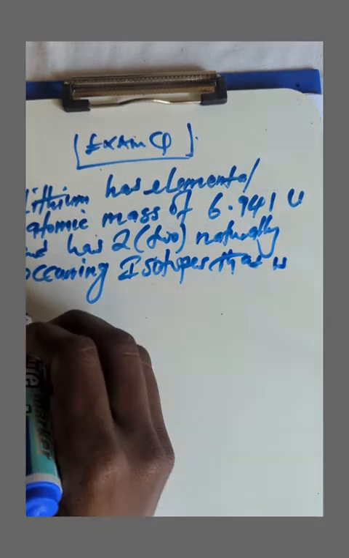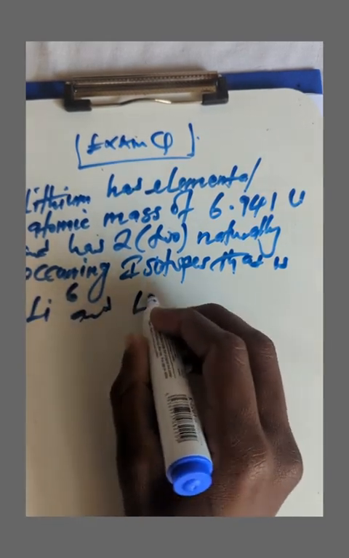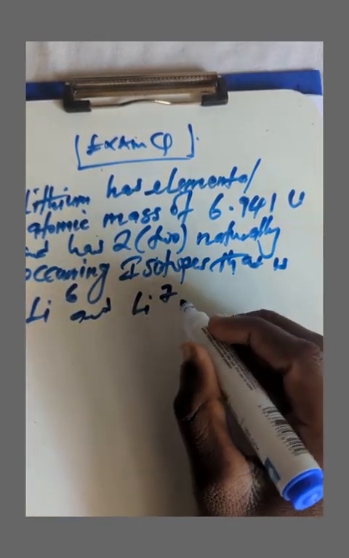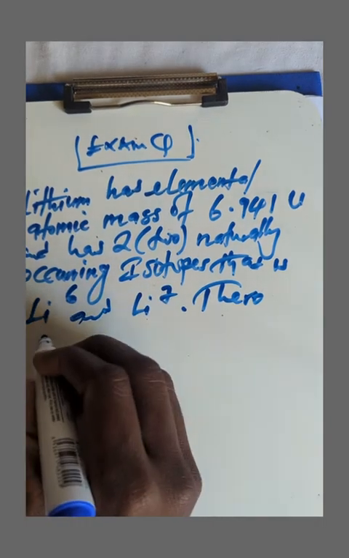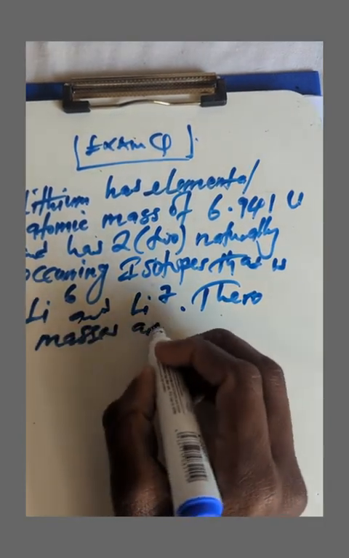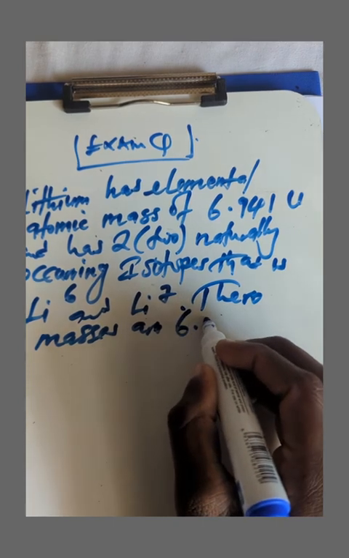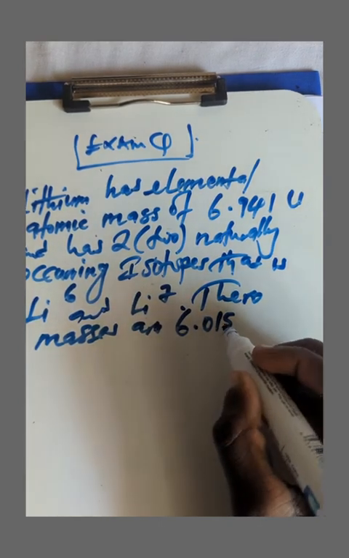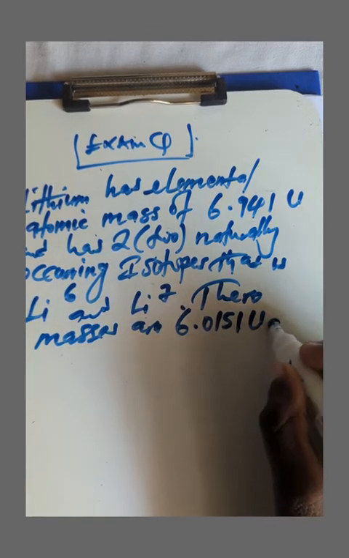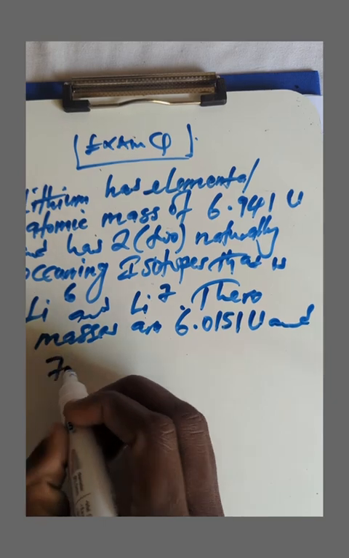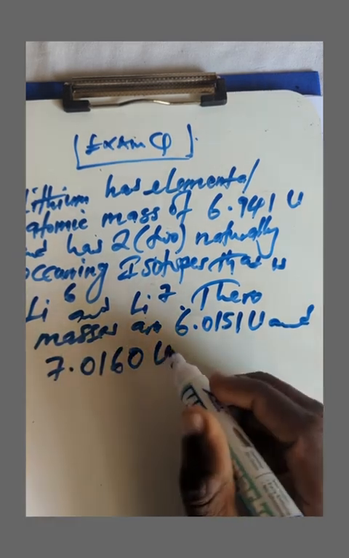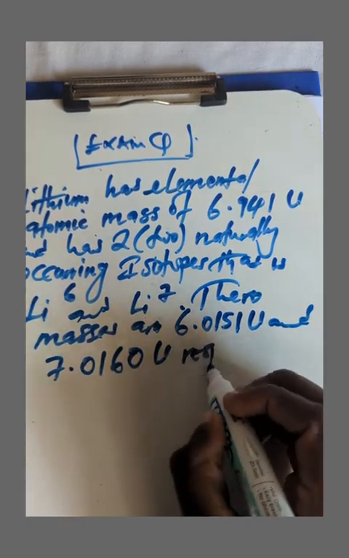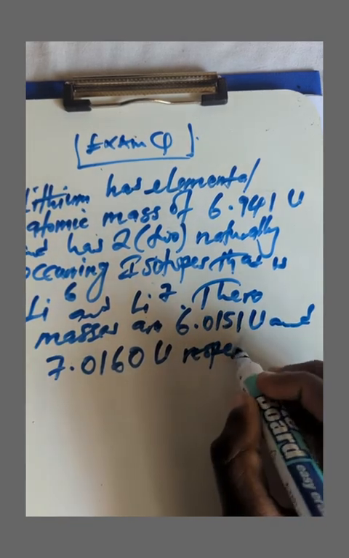That is lithium 6 and lithium 7. Their masses are 6.0151 and 7.0160 respectively.